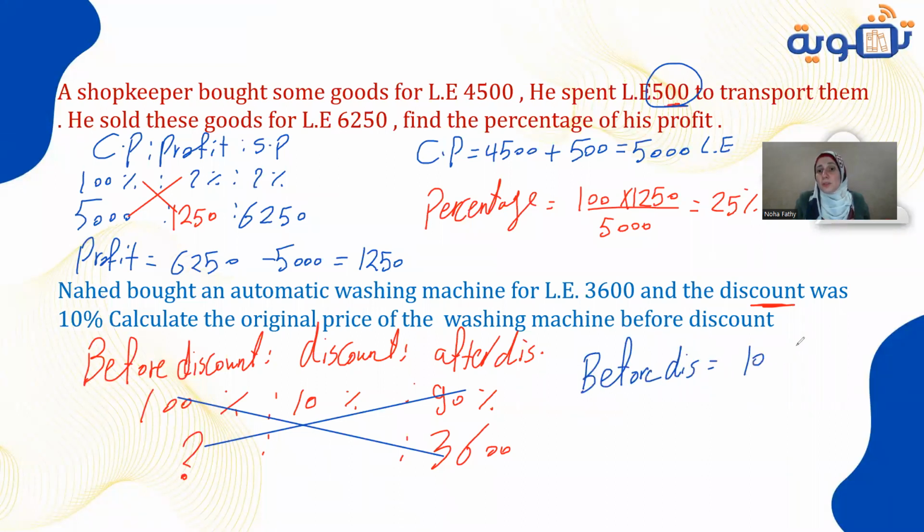So the result is 100 times 3,600 over 90, which gives me 4,000. So before discount was 4,000 pounds or LE.